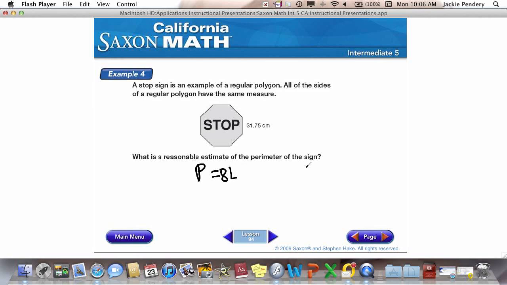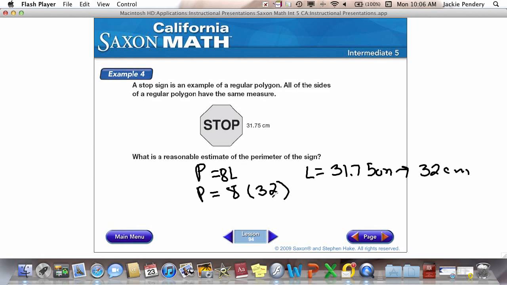We're going to estimate this. L equals 31.75 centimeters, which rounds to 32 centimeters. So perimeter equals 8 times 32.